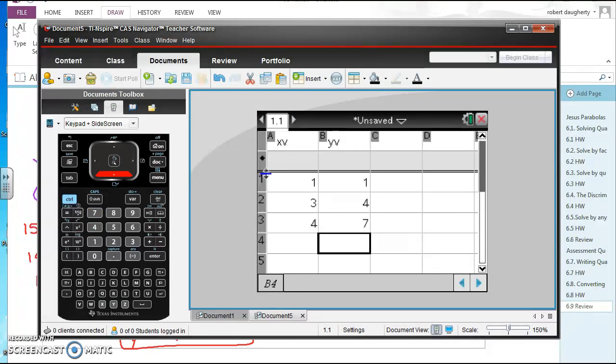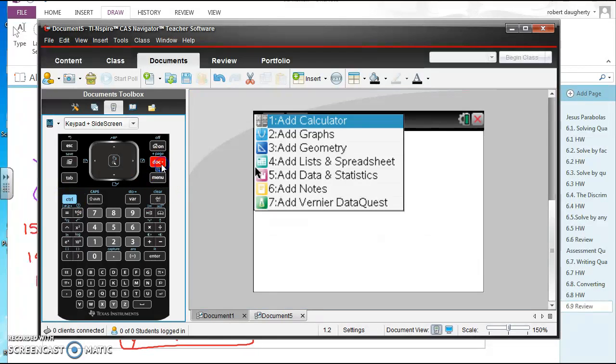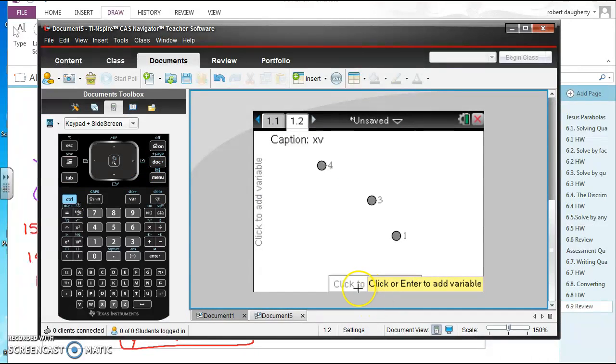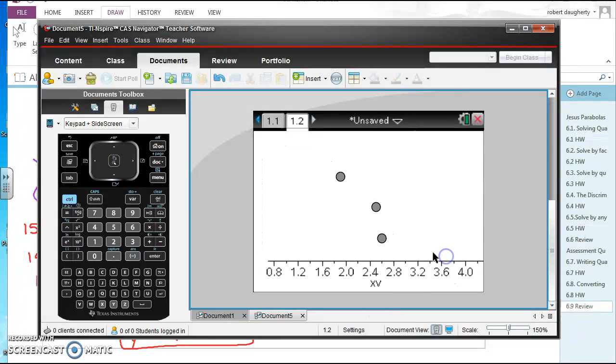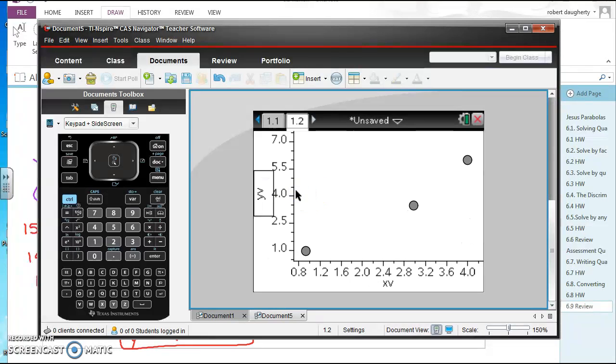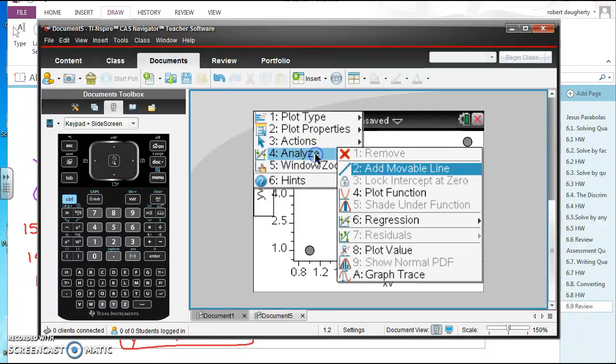Double check. So 1, 1, 3, 4, 4, 7. Those are my points. So now I just go and control document, create a new data and statistics. My x variable goes on the bottom axis. My y variable goes on the vertical axis. And then it's just menu, analyze.